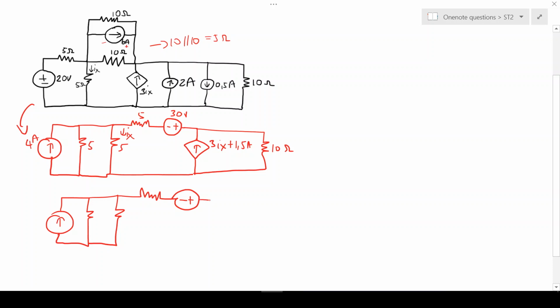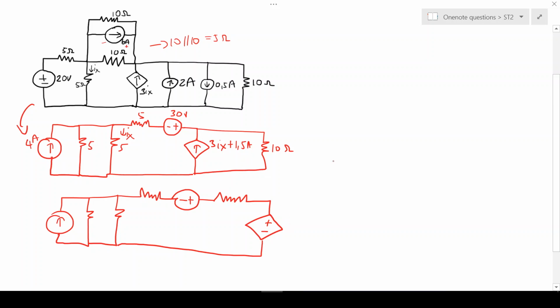And what we're going to do here is convert this to a resistor in series with a dependent voltage source, and the value of the dependent voltage source will be 10 times 3Ix plus 1.5.